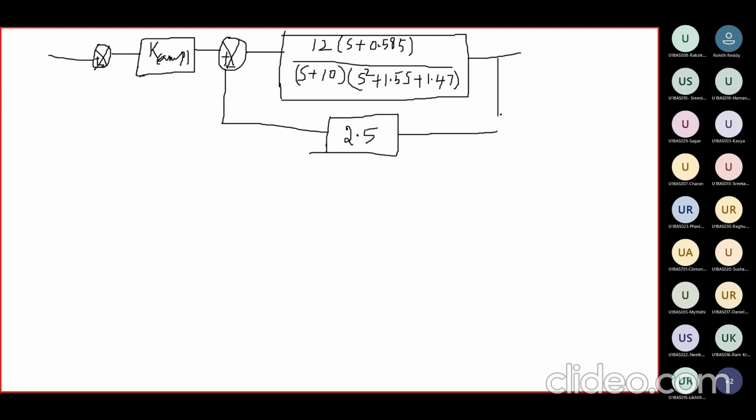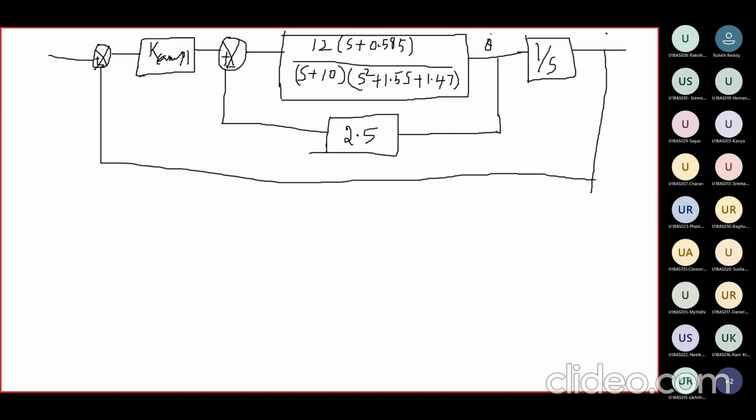For having a higher damping, we choose the damping as 0.877. This one is theta dot. If we integrate this, we will get theta, so I put in 1 by s. Then we will get theta, which is fed back here as unity feedback. This is theta, and this is theta reference.